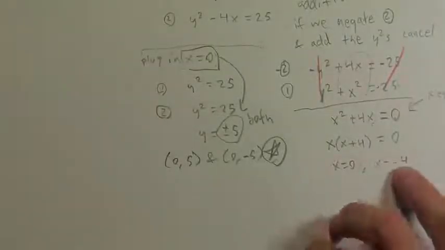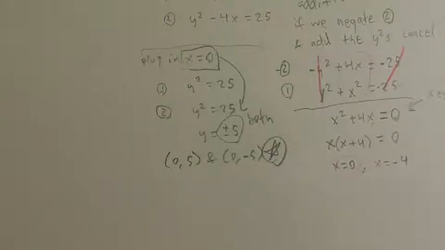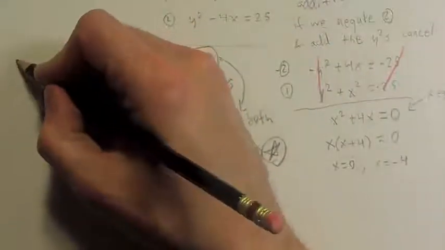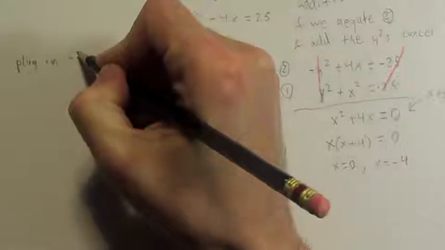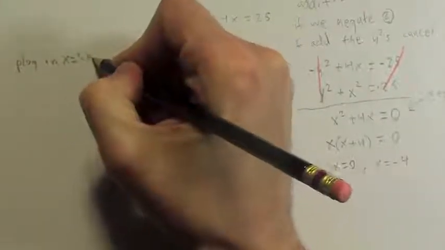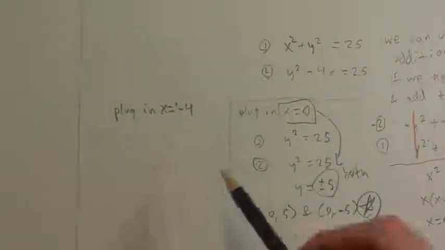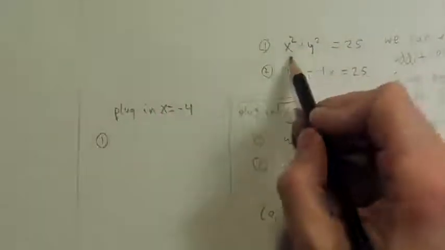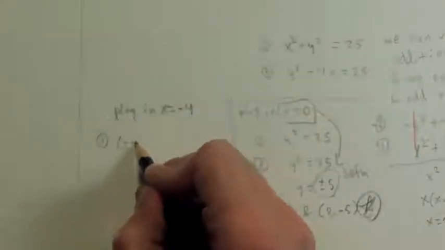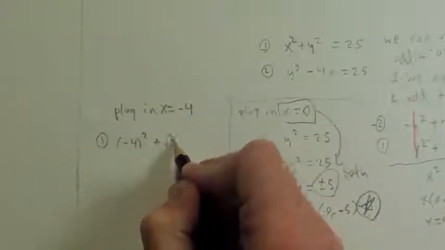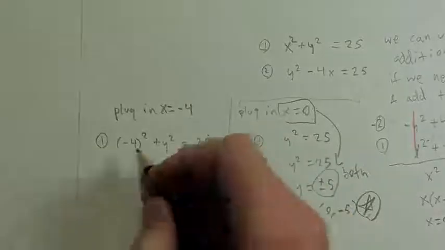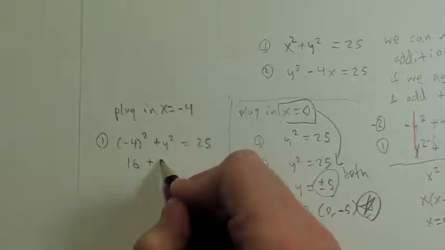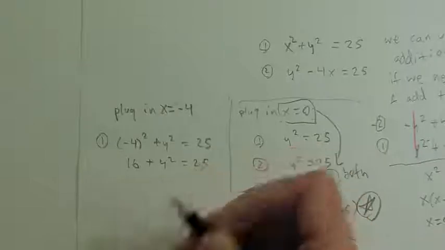Now I'm going to plug in my negative 4. When I plug in negative 4 into equation 1, we get negative 4 squared plus y squared is equal to 25. So we get 16 plus y squared is equal to 25.